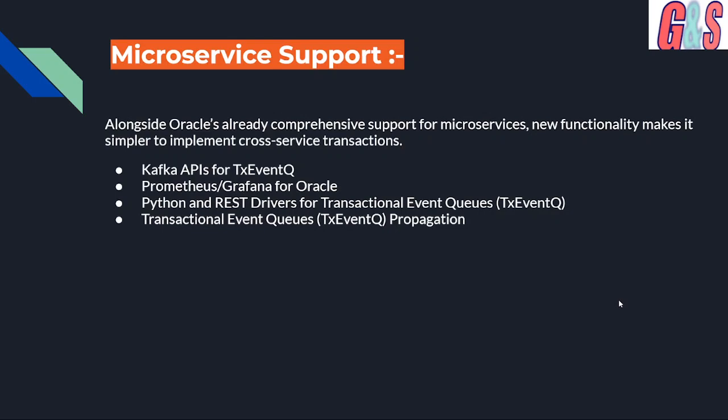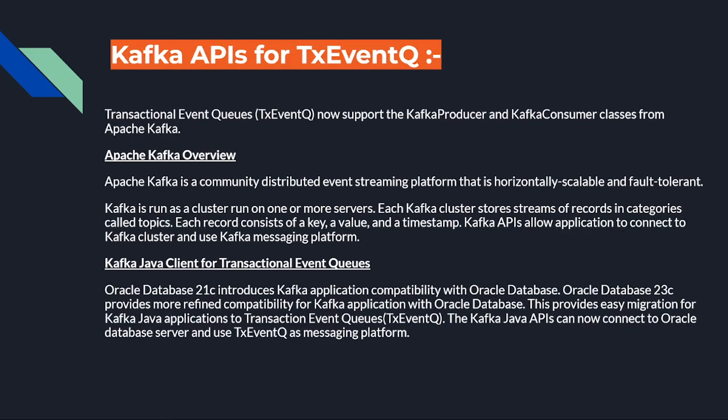Let us understand the Kafka API for TxEventQ. Transactional event queues now support the Kafka producer and Kafka consumer classes from Apache Kafka. Let us have an understanding about Apache Kafka.